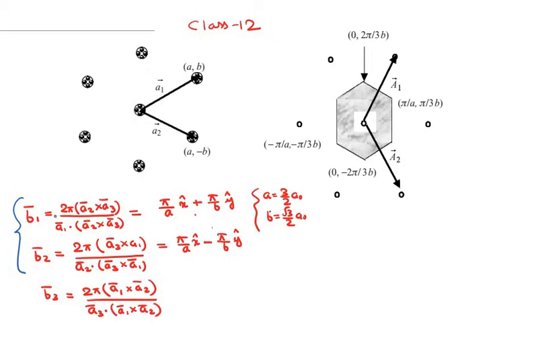In case you don't remember how to find the Brillouin zone, let me discuss it briefly. We have these two reciprocal lattice vectors, and corresponding to this we get reciprocal lattice points. If this point is the origin, then this is one reciprocal lattice vector which I have drawn, B1, and this is our B2.